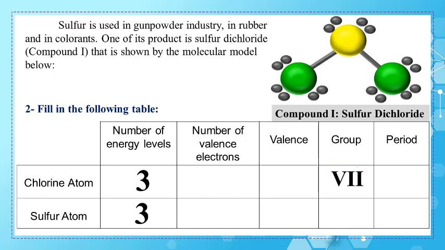Let's find the number of valence electrons in a chlorine atom. Referring to the molecular model, the bonding pair represents 1 electron for a chlorine atom and 1 electron for sulfur. So chlorine has 1, 2, 3, 4, 5, 6, 7 valence electrons.